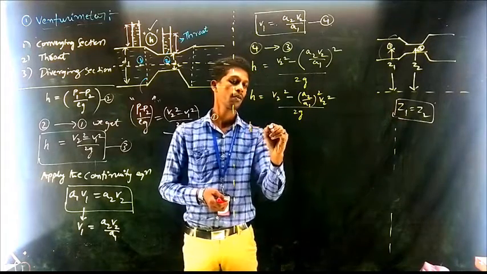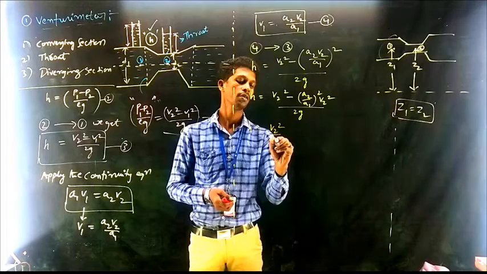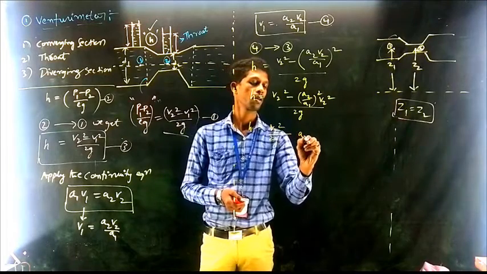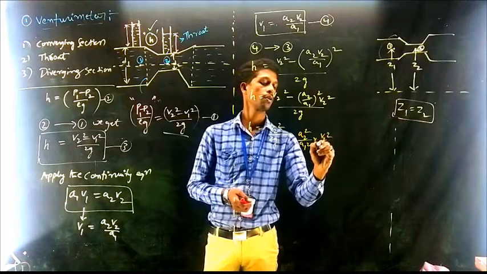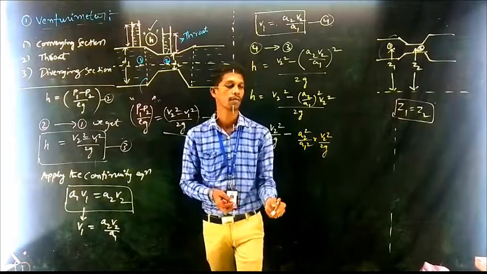So here again V2 square by 2G minus A2 square by A1 square into V2 square by 2G.